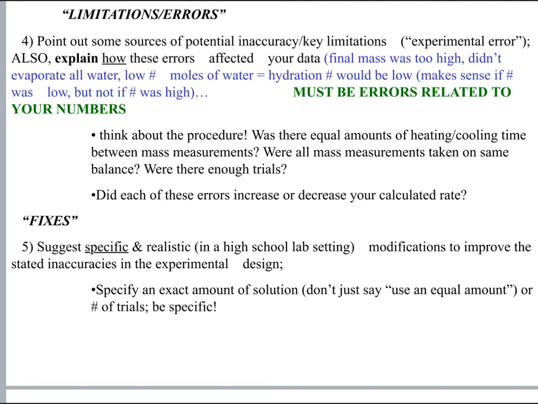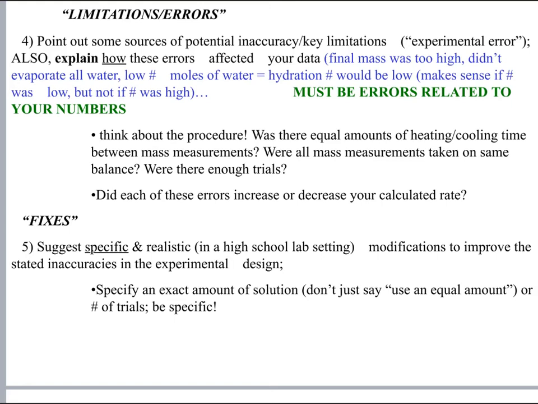Cooling time, however, really does need to be controlled because hydrates are hygroscopic, meaning they reabsorb moisture from the air. So the amount of time that they're left without going through dehydration, just sitting there exposed to the air, that's going to affect the final answer. So these are the things you want to look at for, are they good sources of error?